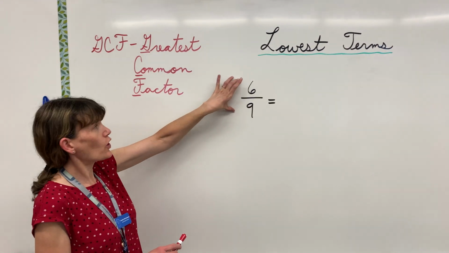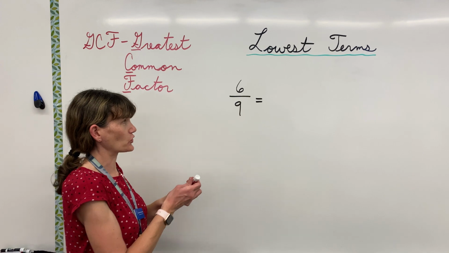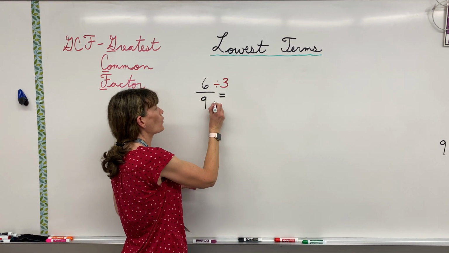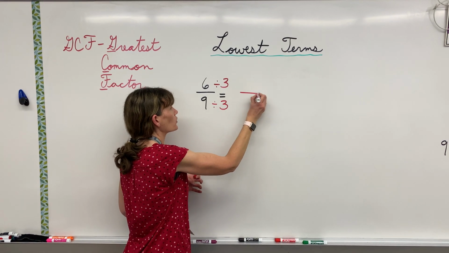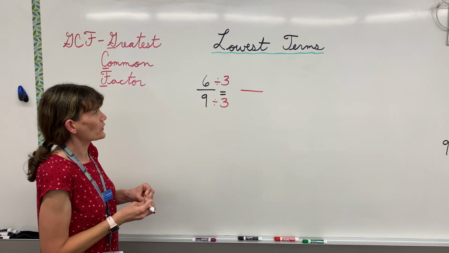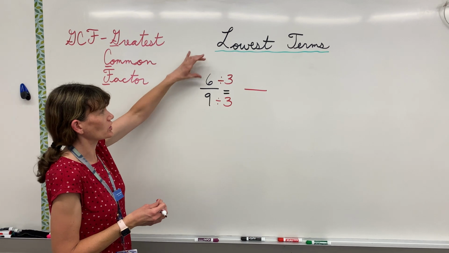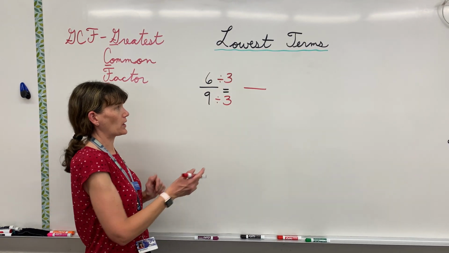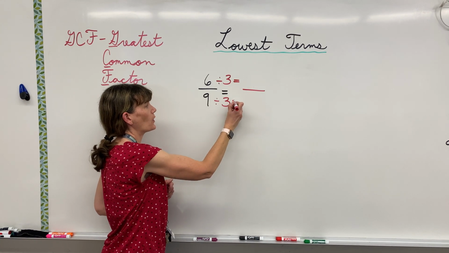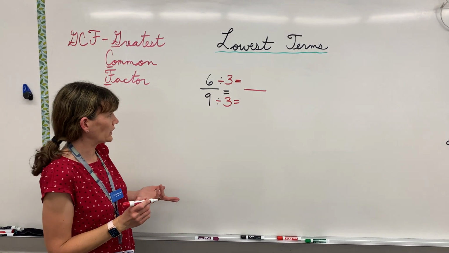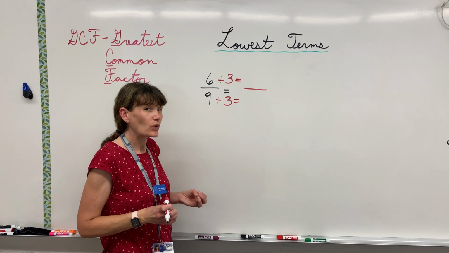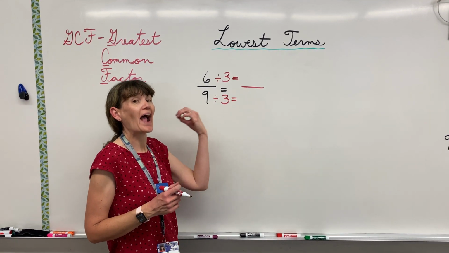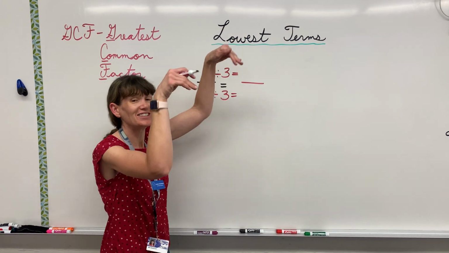So now that I know my greatest common factor is 3, I want to reduce both of these numbers by 3, because the whole thing is the fraction. So what you do to the top, you have to do to the bottom. So I'm going to divide both the bottom and the top by 3. This looks a lot like what we did when we were doing equivalent fractions, except you have to divide because we're going down.